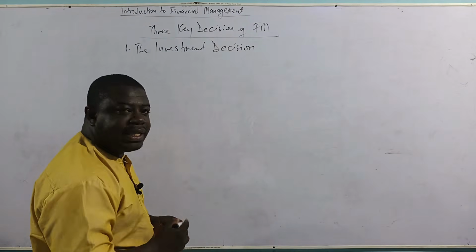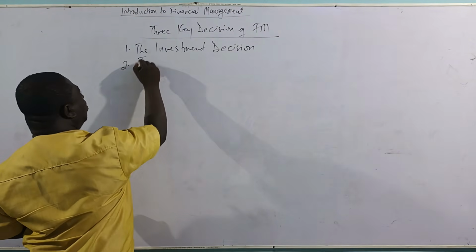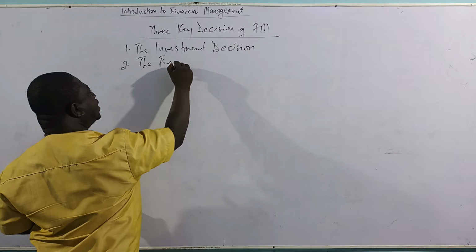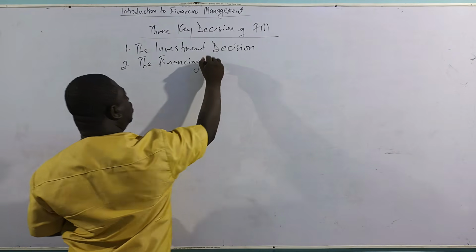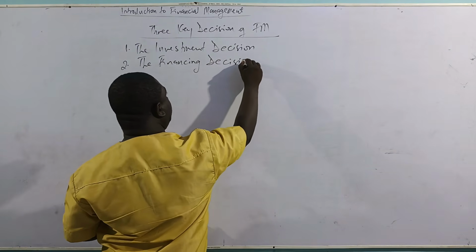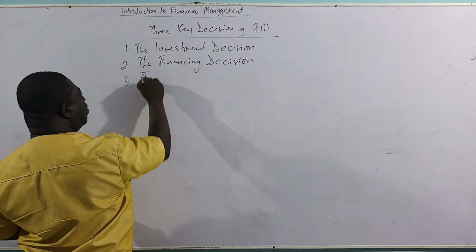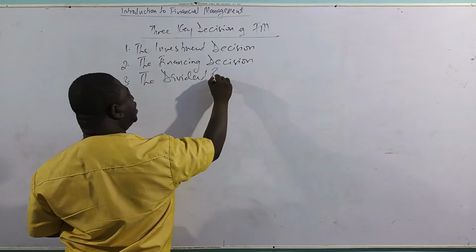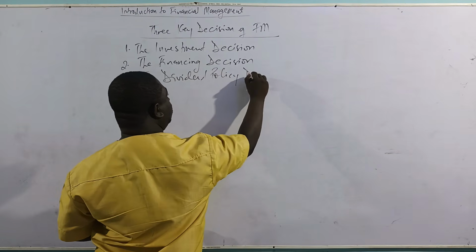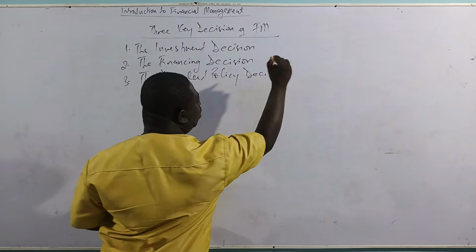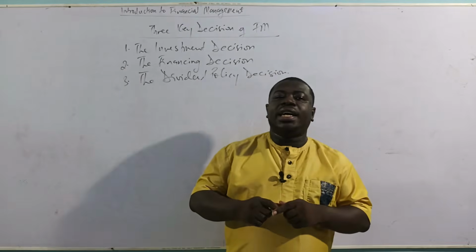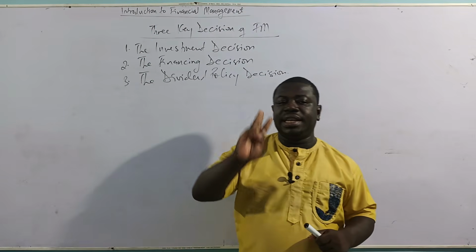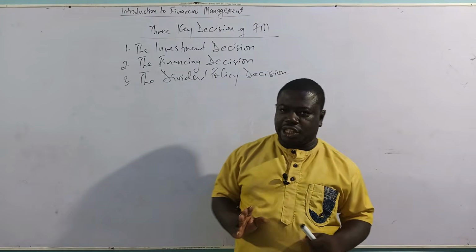Then we can also talk about the financing decision. And then finally, the dividend policy decision. These three are the key decisions of financial management.